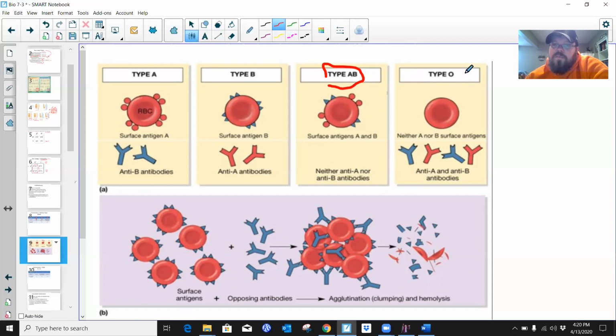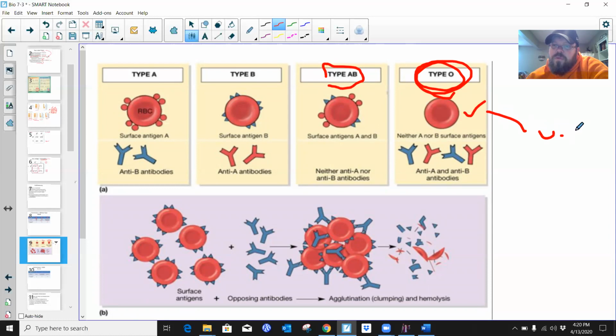And also, this is the cool part. If any of you are type O blood types, you will not produce any of these surface antigens. So type O really is considered what's called the universal donor.